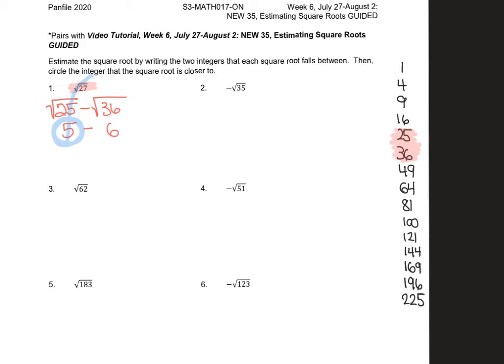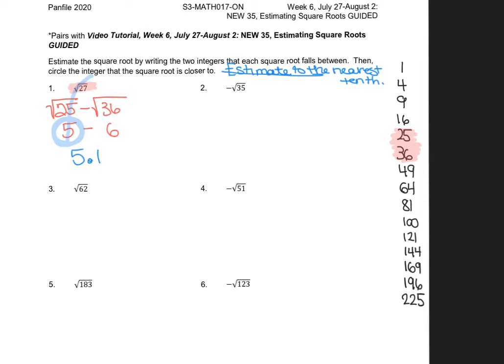And if we wanted to estimate to the nearest tenth, which is just one decimal place, maybe it's 5.1. This is where your answer might be a little bit different than mine, but 5.1, 5.2 would both be acceptable answers.